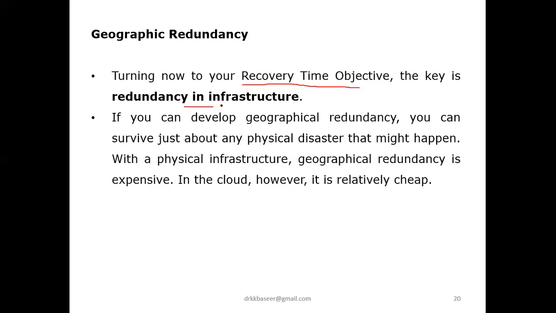This infrastructure is not only the database, but also the network and the other servers, whatever we require to prevent disasters or to recover from a disaster. Now, if you are maintaining redundant physical infrastructure geographically, this is more expensive, because maintaining different infrastructure in different locations physically is not practical.